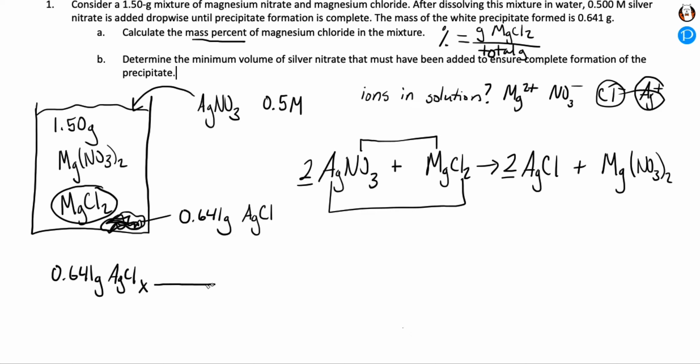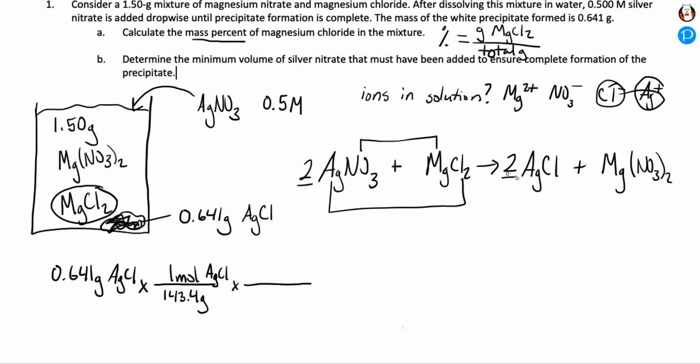So the first step is going to get into moles of this. The molar mass of silver chloride is 143.4 grams per mole of AgCl. Okay, so that gets us into moles of AgCl. Now I can use my molar ratio that I've got right here, because I'm trying to eventually get to MgCl2, so that's going to be my next step.